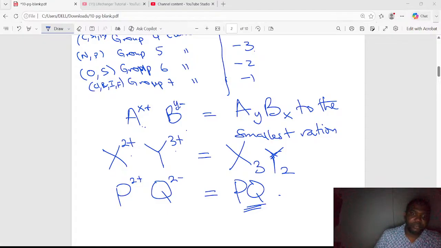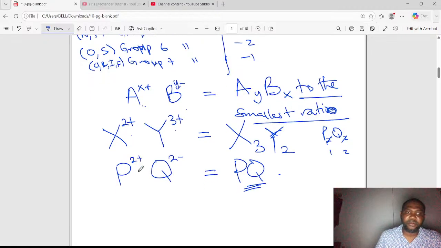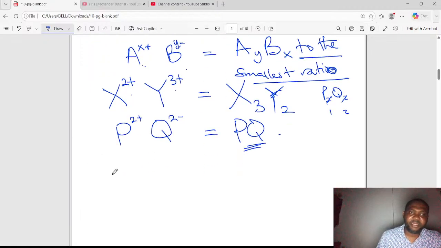Okay, the last one. By right, if I follow the formula, this is supposed to be P2Q2, but 2 can divide 2 now. 2 here 1, 2 here 2. Remember, they say to the smallest ratio. It must be reduced to the smallest ratio. So if I have an element A with a valency of plus 2, and another element B with a valency of plus 4, I know that 2 can divide 4. I can still divide this in the smallest ratio. 2:4 means 1:2.